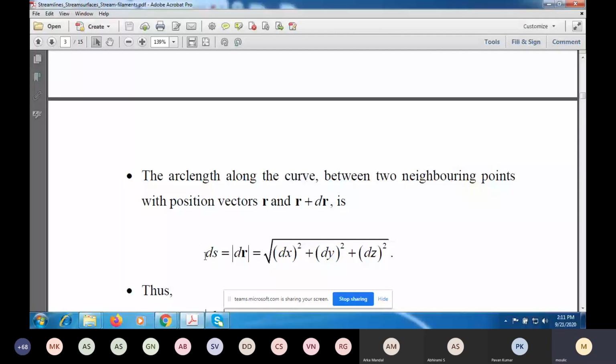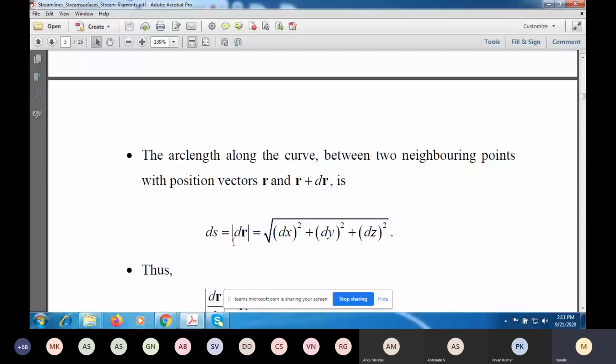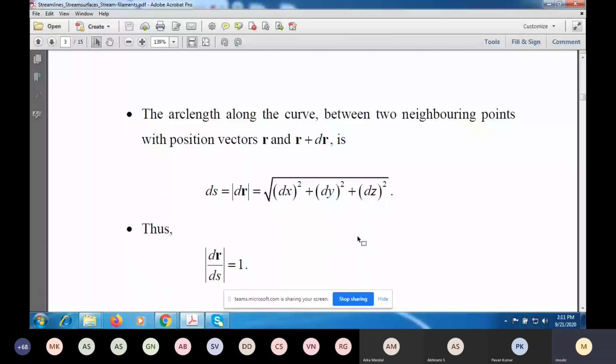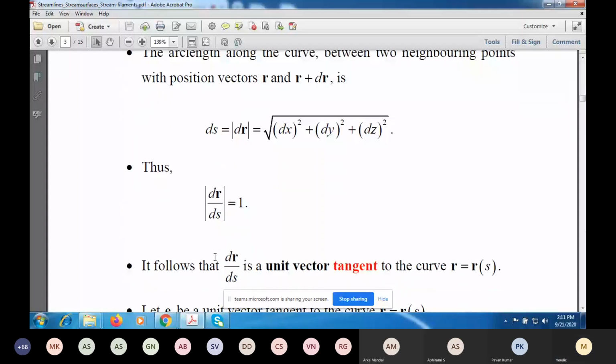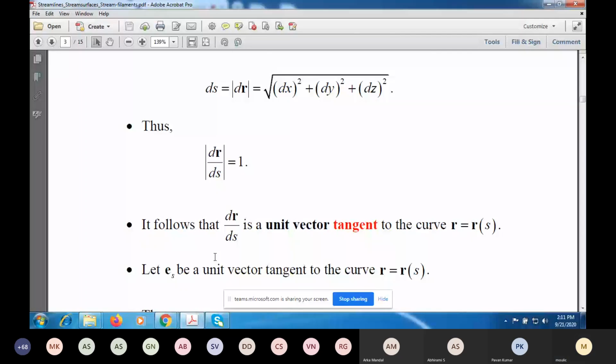And this you can write, magnitude of dr, as square root of dx square plus dy square plus dz square. So if I look at the magnitude of dr/ds, you see that it is 1. Okay, because dr magnitude is equal to ds. So it follows that d/ds of r, where s is the arc length, is a unit vector which is tangent to the curve r equal to r(s).